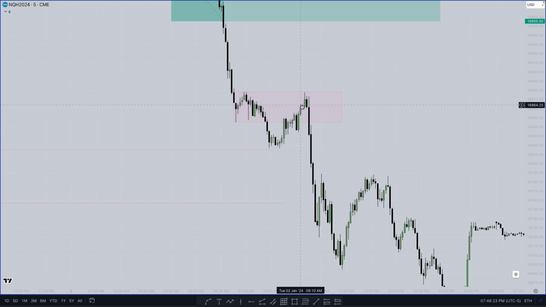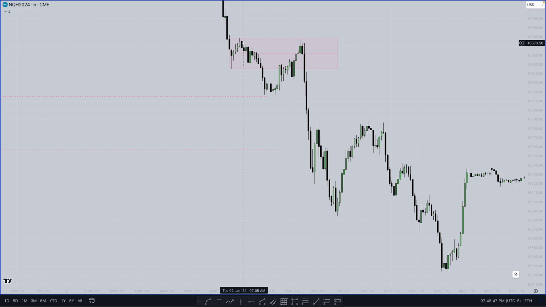Always kind of shitty when you have to get in right before the open, but you have 10 minutes. You could be getting in right here and then setting your stop at this high of the box or above this wick, and then you're targeting sell side liquidities.